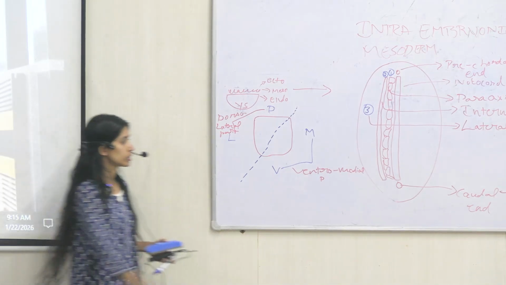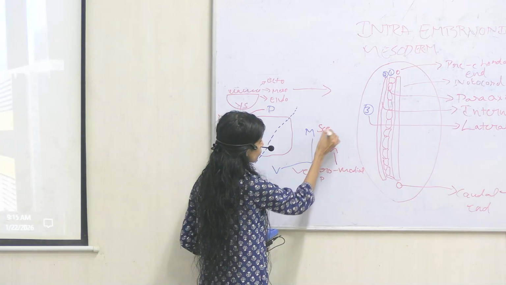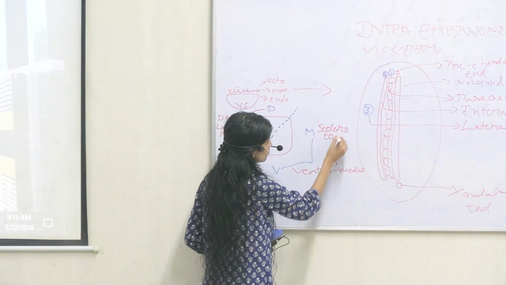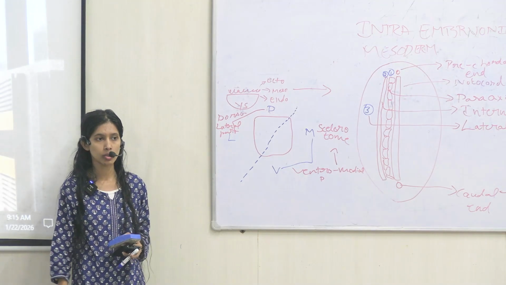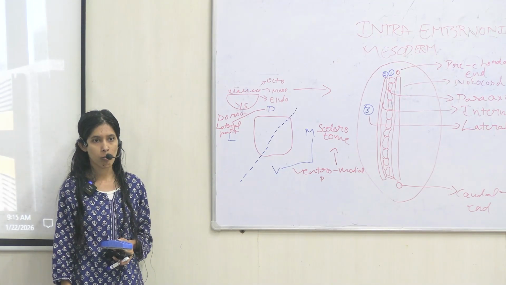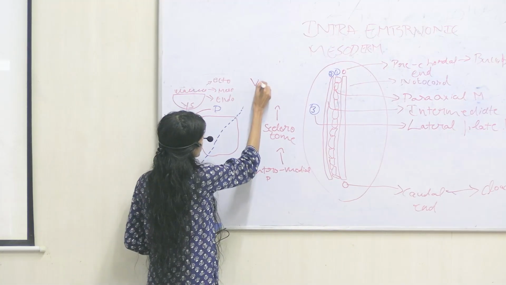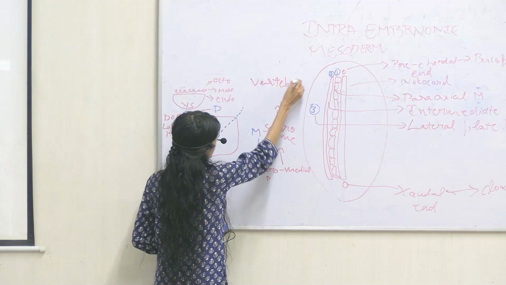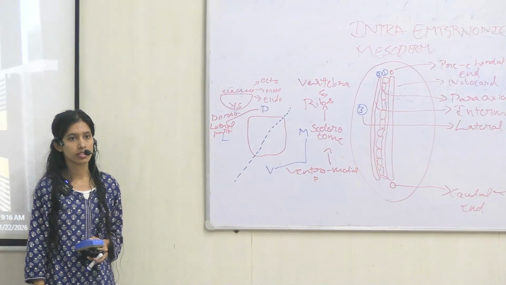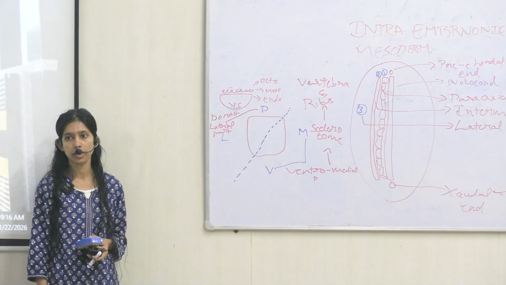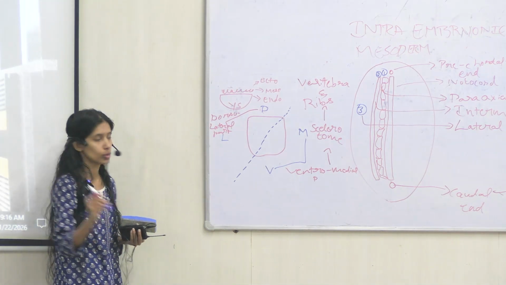Now this entire ventromedial part is also called the sclerotome. And your sclerotome will later give rise to which structures? Sclerotome will later give rise to vertebrae and ribs. Now the dorsolateral part is again divided into two parts like this.